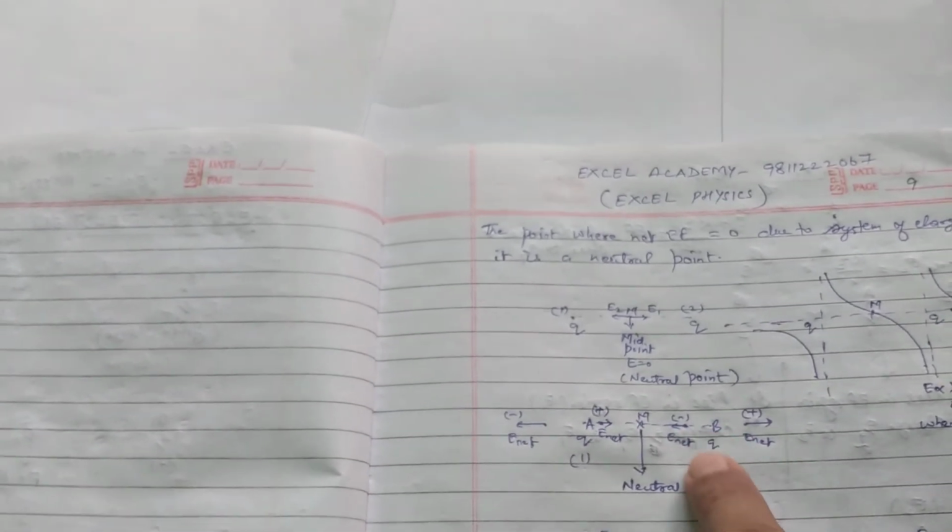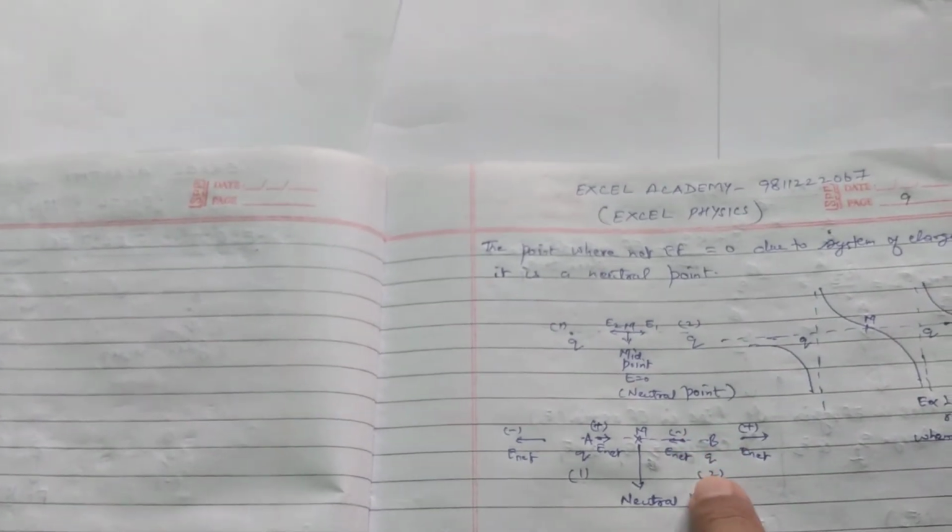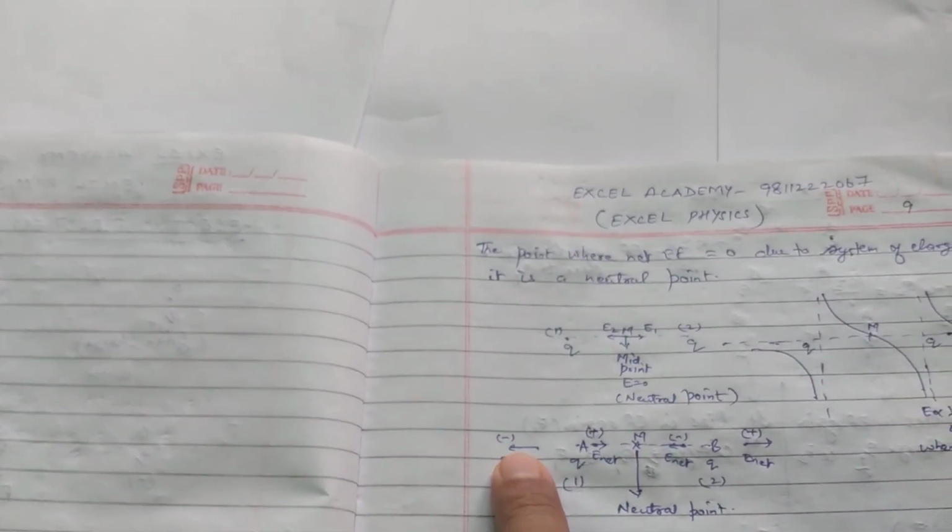If I take the point closer to this Q, the effect of this charge Q will be more, therefore the net electric field is in this direction. So it means that if you have a point very closer to the charge, the influence of that charge will be more.